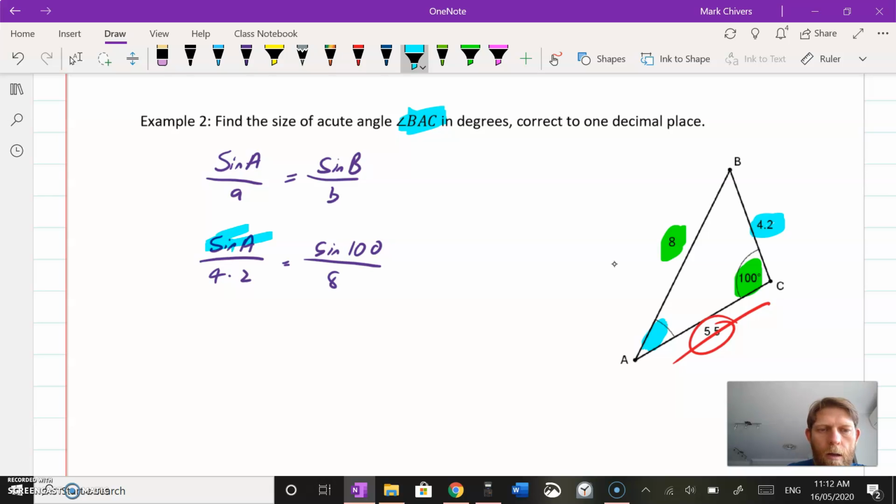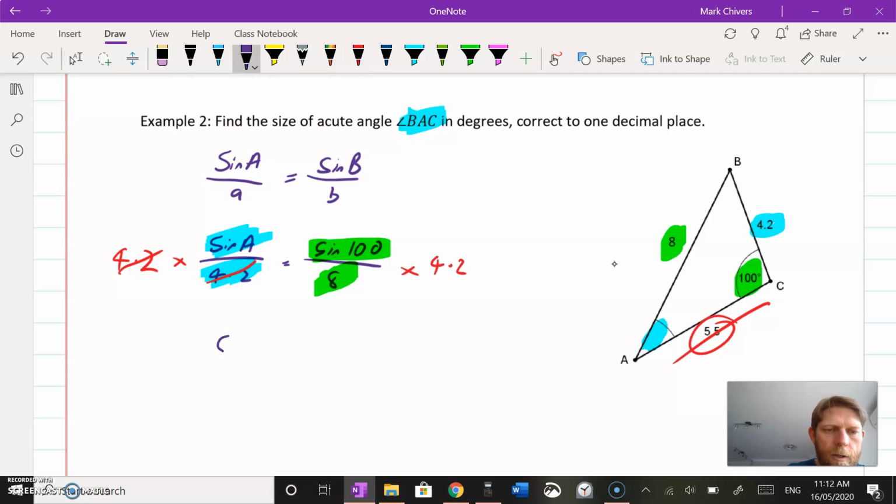Now, once again, we've kept our angles and opposite sides together. And once again, we want to get rid of this denominator, so we multiply this side by 4.2. That'll cancel that out nicely, but I'll have to do that to both sides.